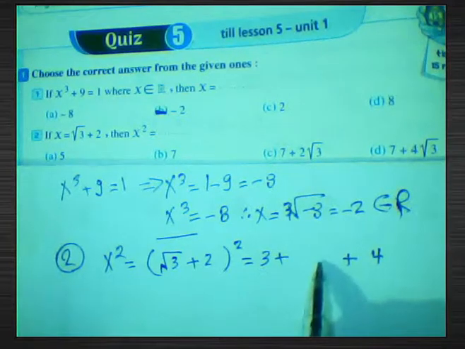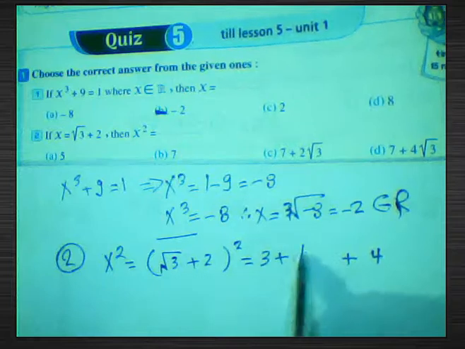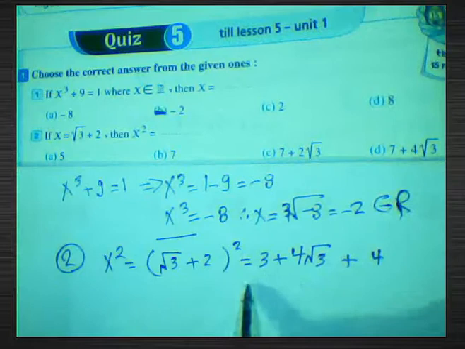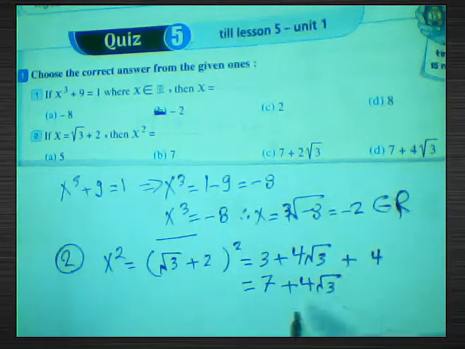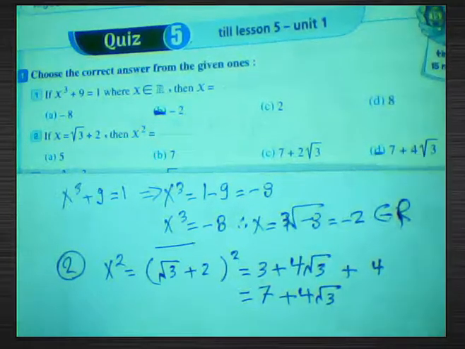And we will write here 2 times 2 times root of 3. The result will be 3 plus 4 equals 7, plus 4 root of 3. We will choose letter D.